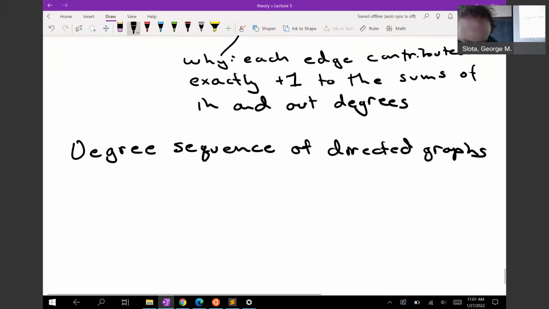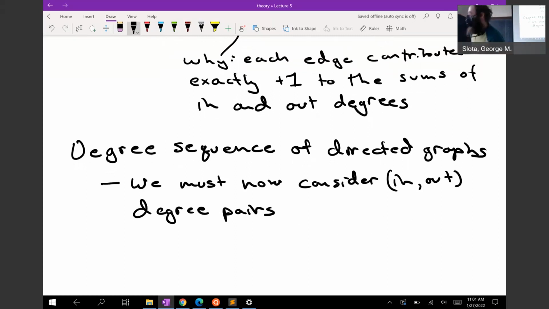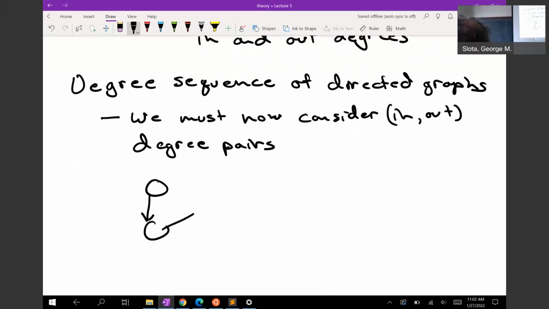So for the degree sequence of a directed graph, we have to start considering in-out degree pairs that represent some vertex. So if we consider something like this, our sequence, let's just label the vertices 1, 2, 3, 4.